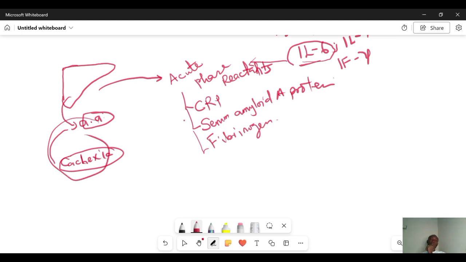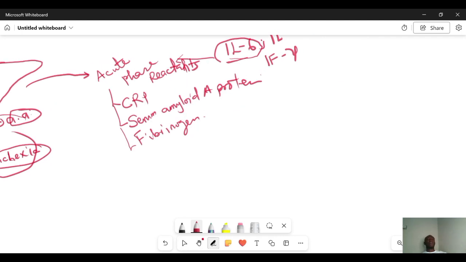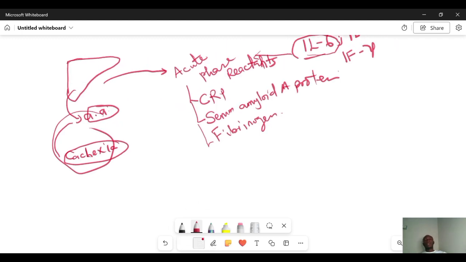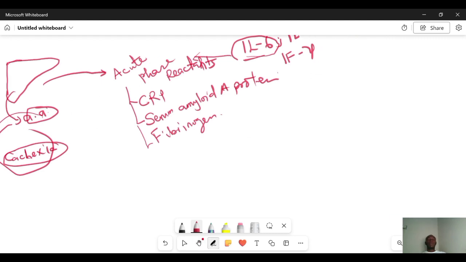All right, so the functions of these acute phase reactants are essentially to our favor. They are good. For example, C-reactive protein and some of these bacteria that gain access to the body.